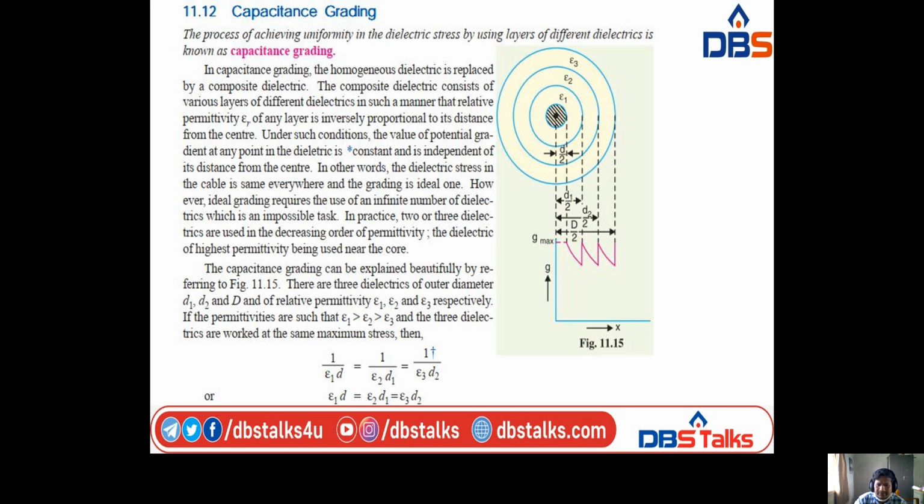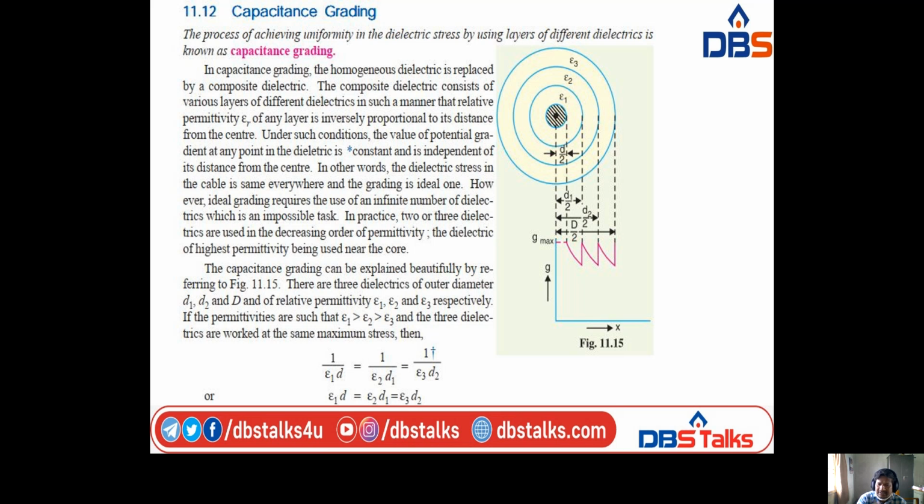Capacitance grading can be explained beautifully by referring to the following figure. There are 3 dielectrics of outer diameter small d1, small d2, capital D, and the relative permittivities are epsilon 1, epsilon 2, epsilon 3 respectively.